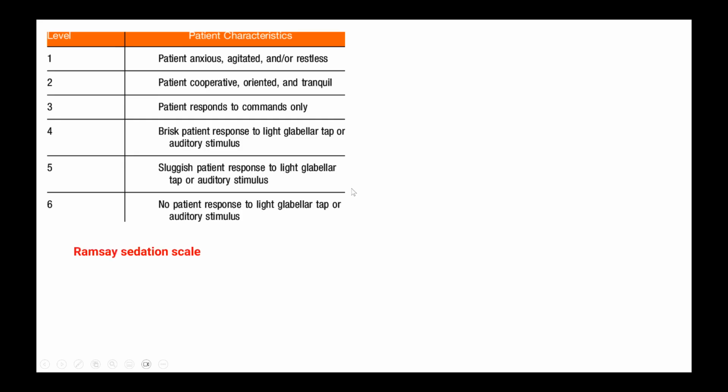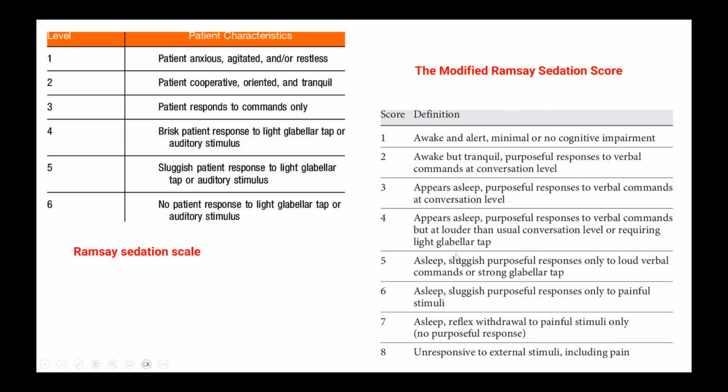This was modified a little later by adding 2 more levels. So the first one remained the same: awake, alert, minimal or no cognitive impairment. The second one is the same as the previous one, where the patient is awake and tranquil, with purposeful response to verbal command.